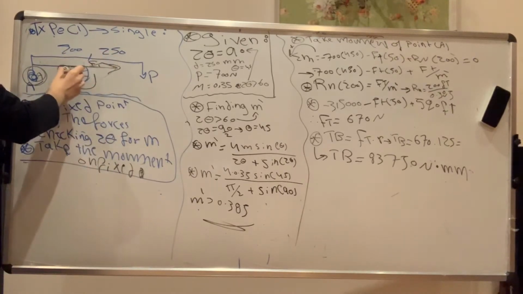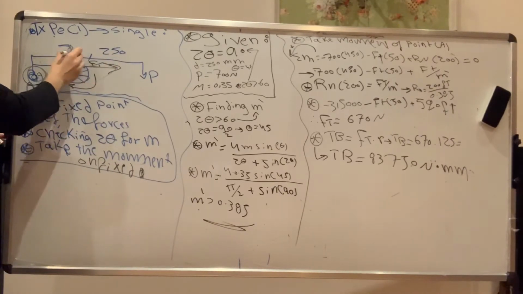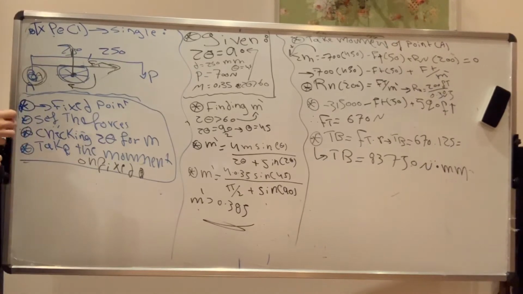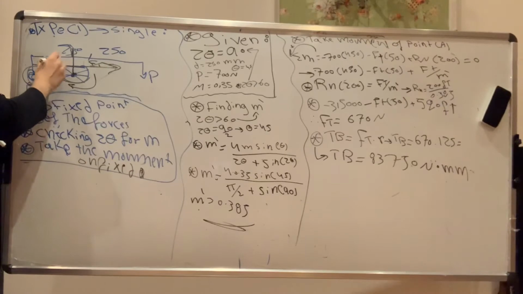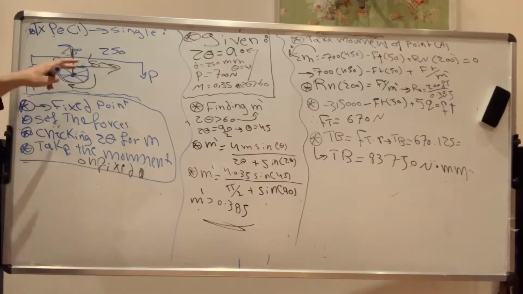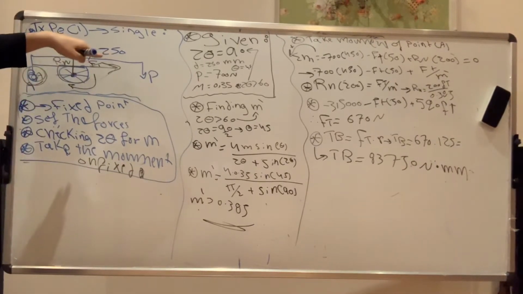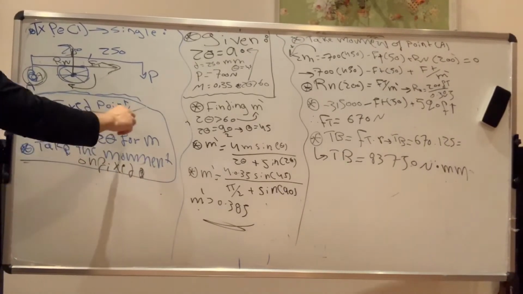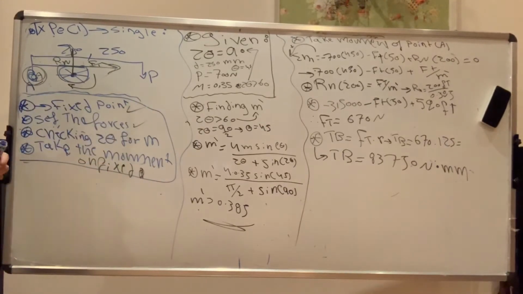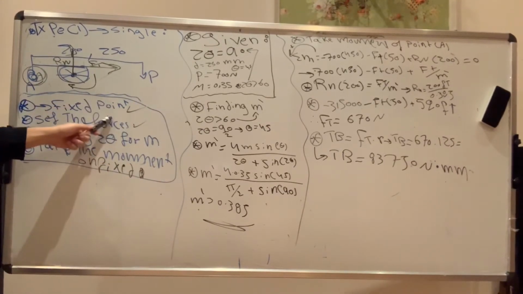So from the center, I put a perpendicular line, the RN normal force. So I have two forces now, the tangential force and the normal force. I have done the first and the second steps.